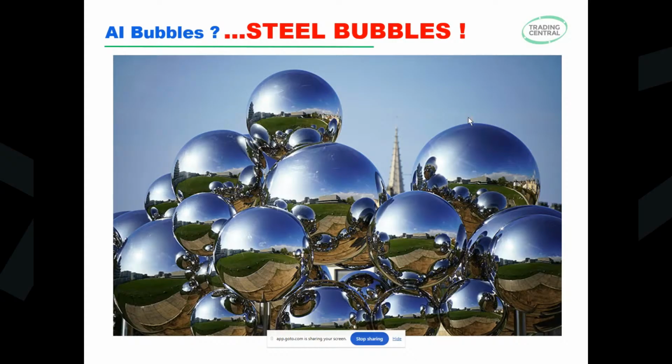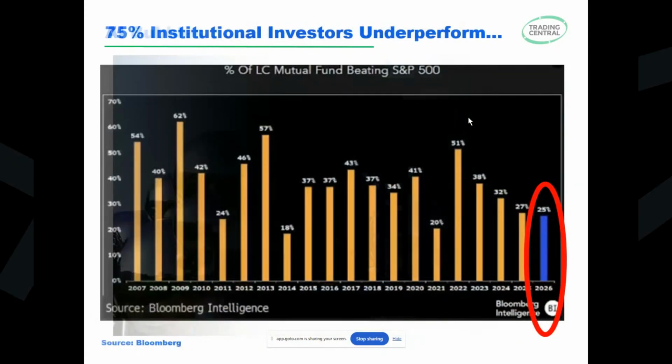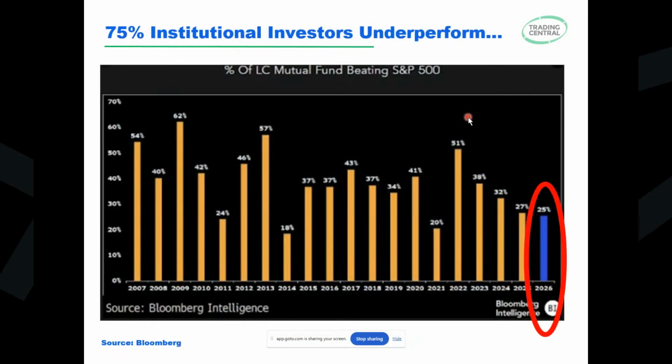All right. Now, some more to share with you is that 75% of institutional investors, for example hedge funds, are underperforming the whole market. For the past 2 months, they are lagging behind also.